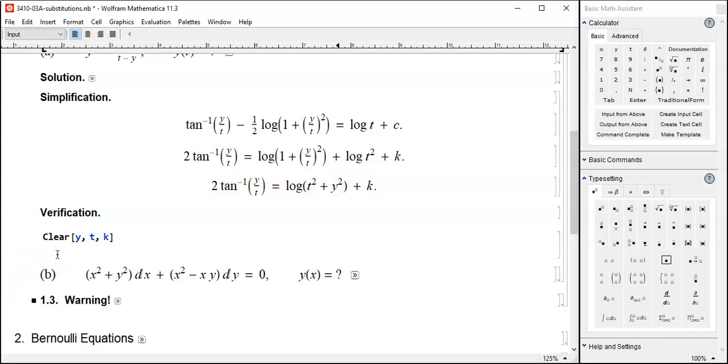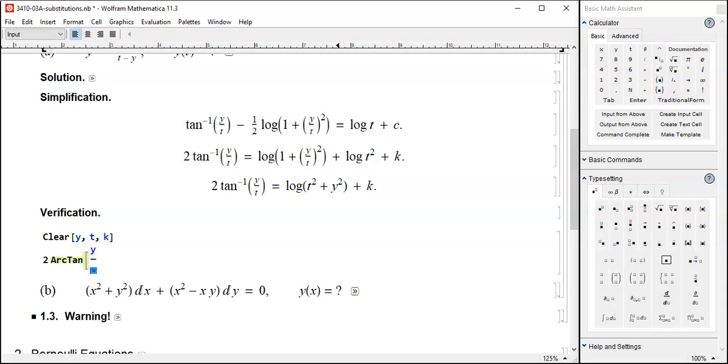So 2 arctangent of y over t equals, we need a double equality. If you have just one equality, then Mathematica will understand it as naming or substitution.